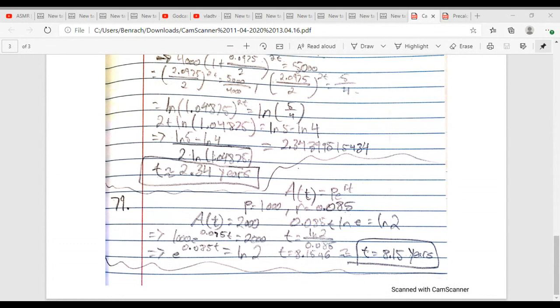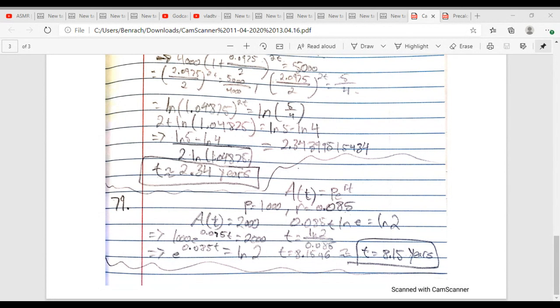Right, because it's continuous compounding, you're using the formula A of t equals P e raised to r t. The interest rate is 0.085, so it's 8.5%. The initial amount is 1,000, and we're trying to double it to find how long it takes.